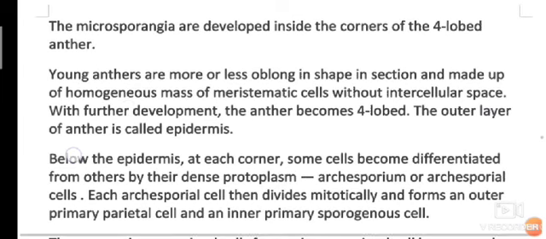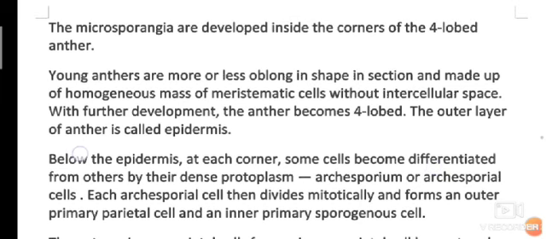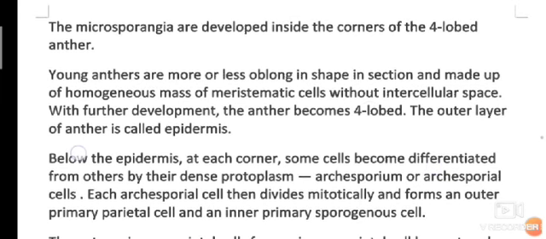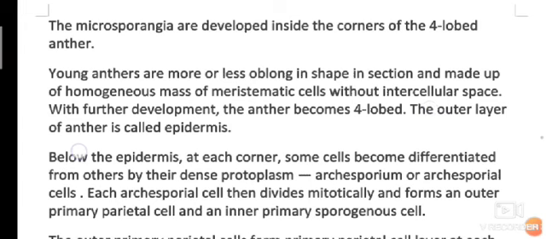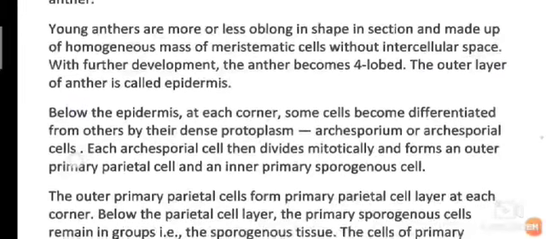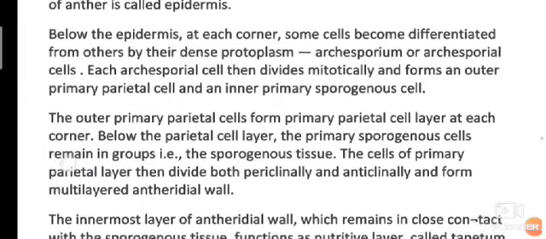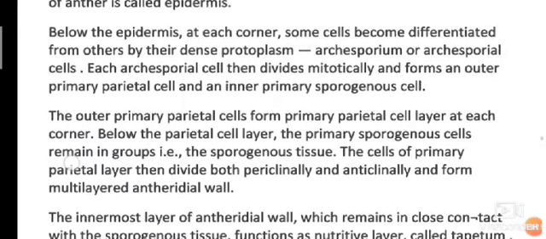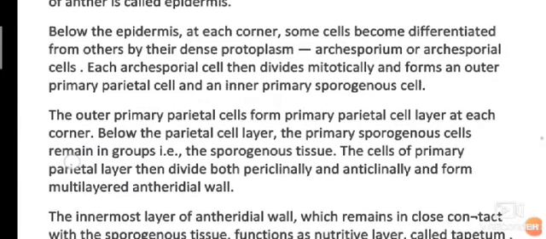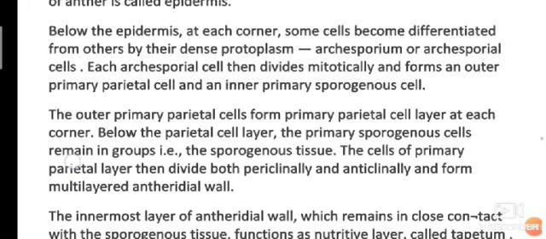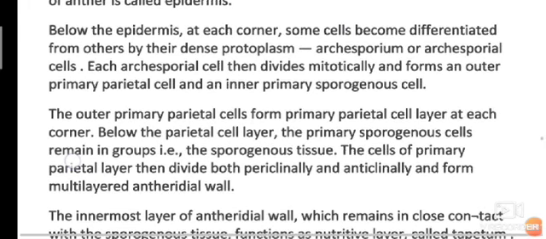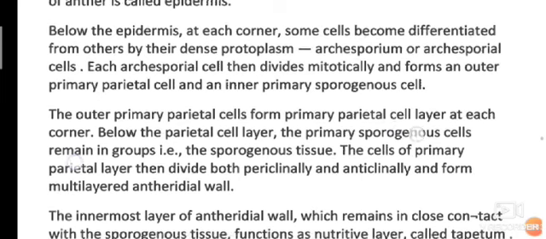With further development, the anther becomes four-lobed. The outer layer of the anther is called the epidermis. Below the epidermis, at each corner, some cells become differentiated from others by their dense protoplasm.